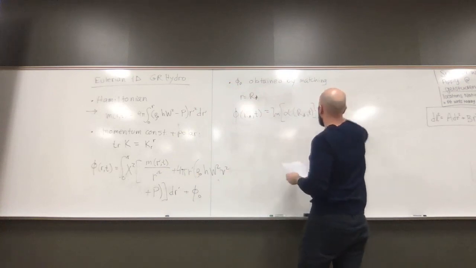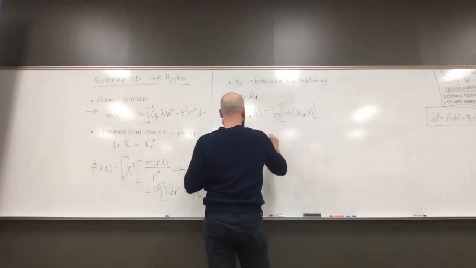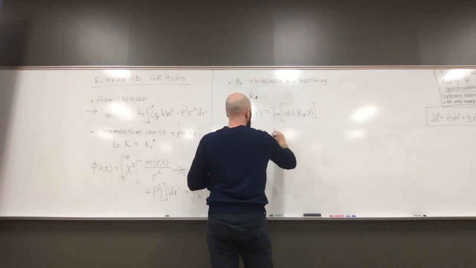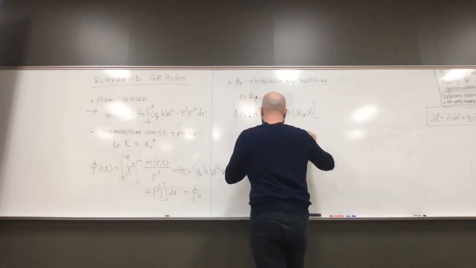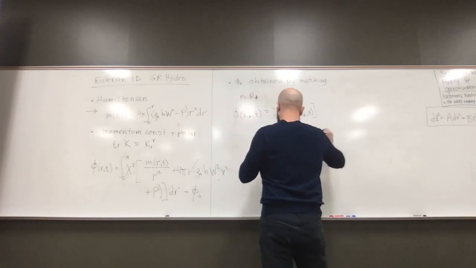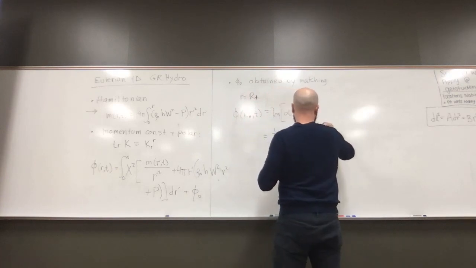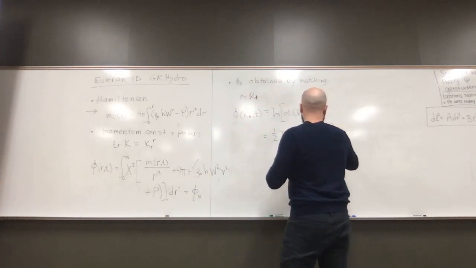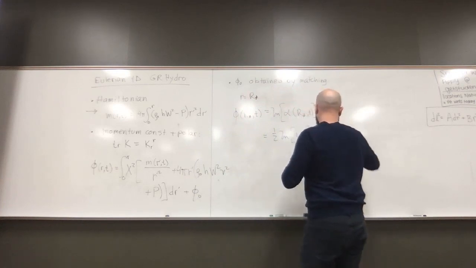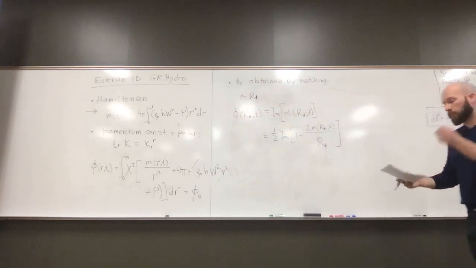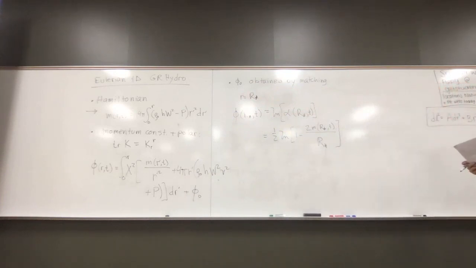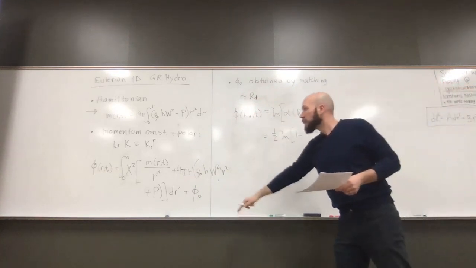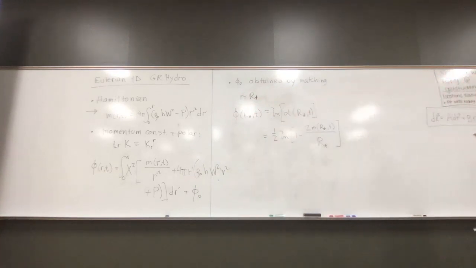That's our definition for the metric function, the metric potential. And then applying the Schwarzschild metric to this, we find 2m of R star and t all over R star. Like that.